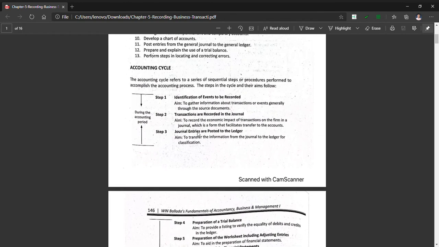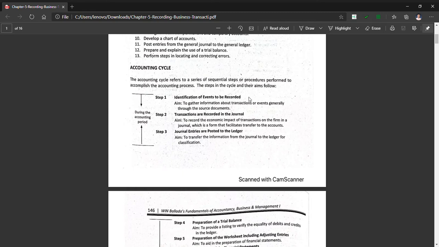So step 1 is identification of events to be recorded. Okay, so yung mga events kasi merong mga events na hindi may re-record and merong events na kailangan may record. Okay, so yung mga events na pwedeng i-record, for example, pagbayad ng utang, pagbili, right, pagbenta, so these are all recordable.